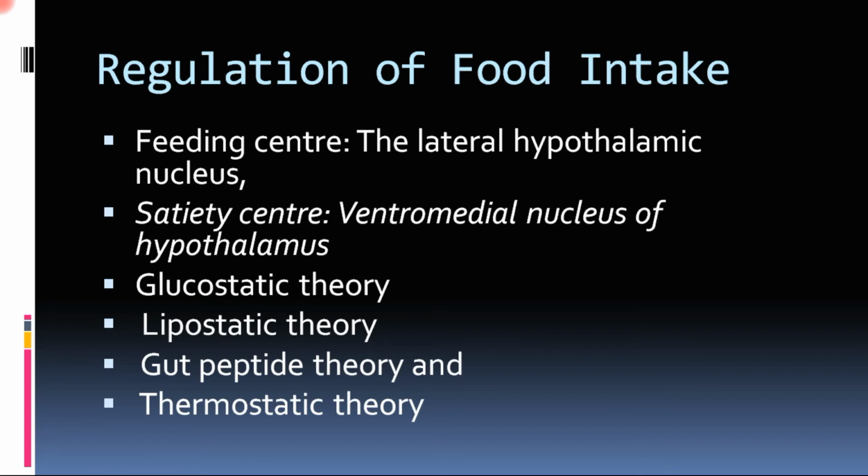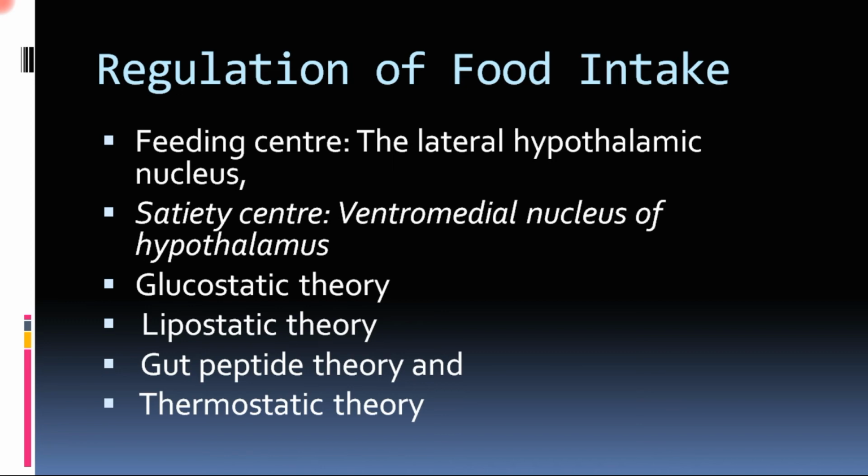Now there are certain theories which can explain the regulation of food intake. First is the glucostatic theory. That means the satiety center is sensitive to the glucose concentration in our blood, and when the glucose concentration is maintained, the satiety center will be active and it will inhibit the feeding center.